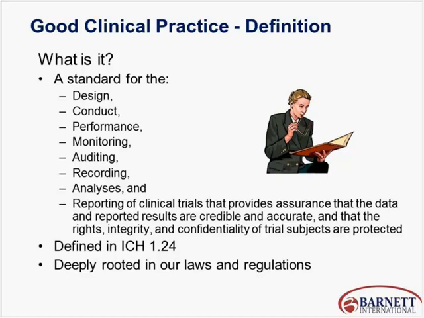It involves every area of the clinical trial, starting with the design of the study, the whole investigational plan itself, including the protocol. It will include every aspect of the conduct of the study, how we actually carry it out, the performance itself. This would include the investigator, it would include the institutional review board, it would include the sponsor, as well as any vendors. It's going to talk to the monitoring.